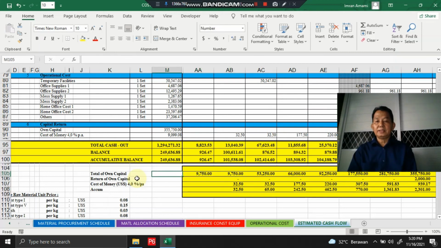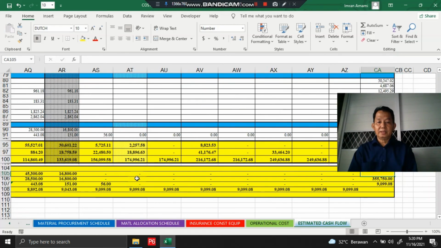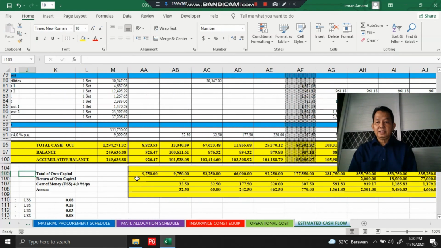I already made a formula therein for the calculation of the cost of money. Okay, and the accumulative balance for this project is here: 249,636.88 dollars.